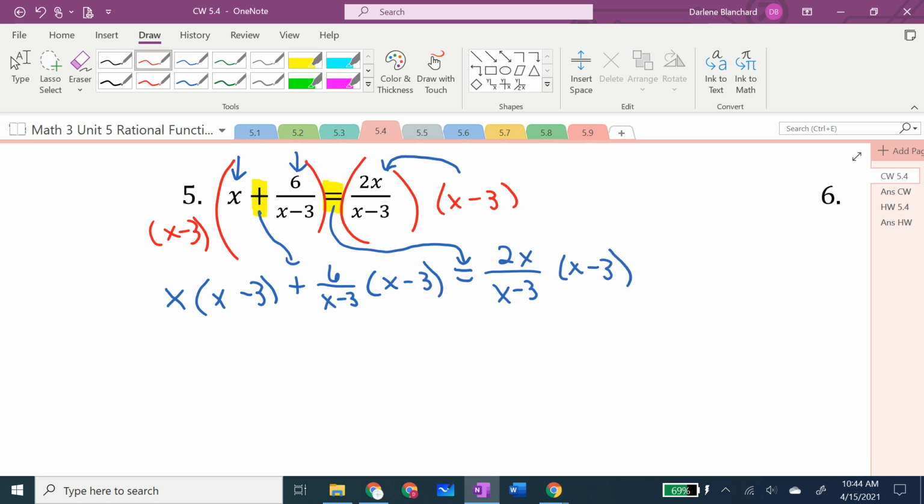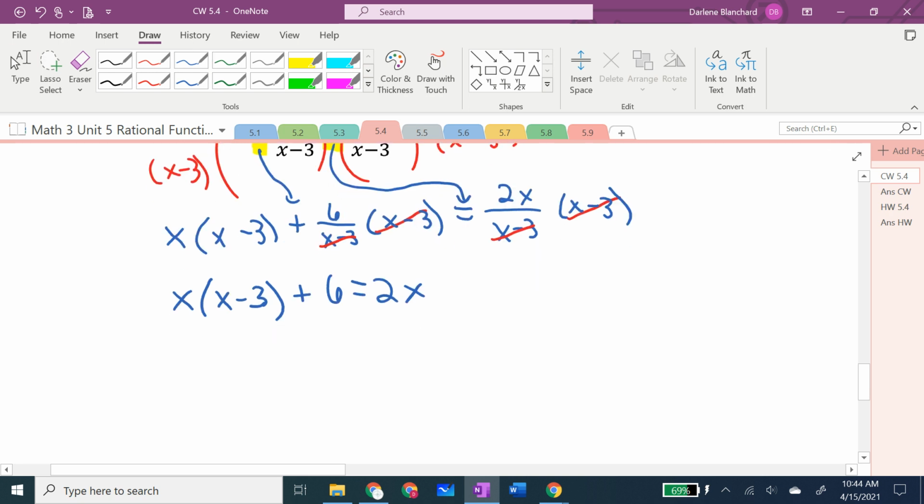And if you see the cancellation, you can do the cancellation as you go into the next step. But now look at every denominator. Denominator cancels, denominator cancels. And let's look at what we have. We have x times x minus 3 plus 6. On the other side, I have a 2x.